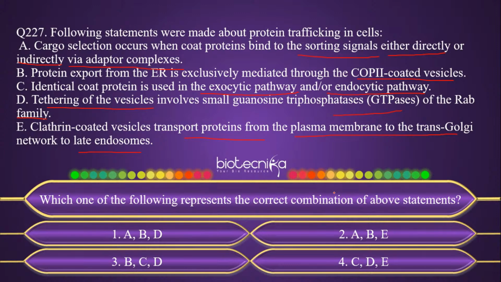Okay, Antara has given the answer. What about others? Madhura, Safalta, Devanshi, Anaga. Yes. Any other who would like to give the answer? A, B, and D. So if you are saying A, B, and D, there should be some issues with C and E, right?